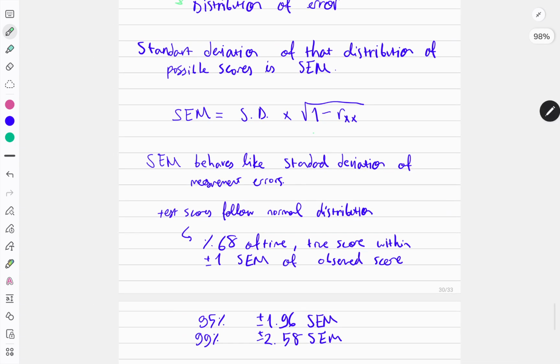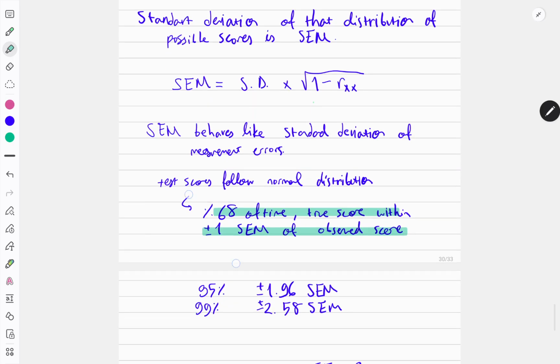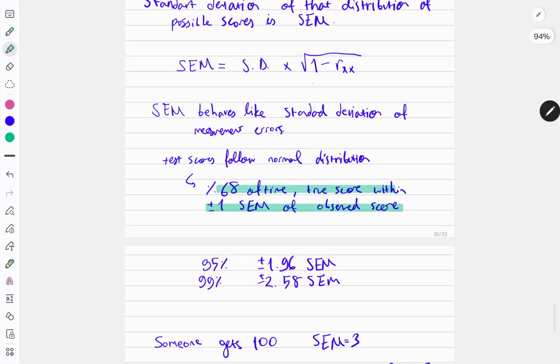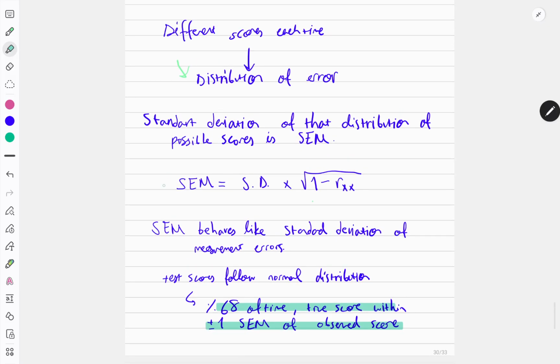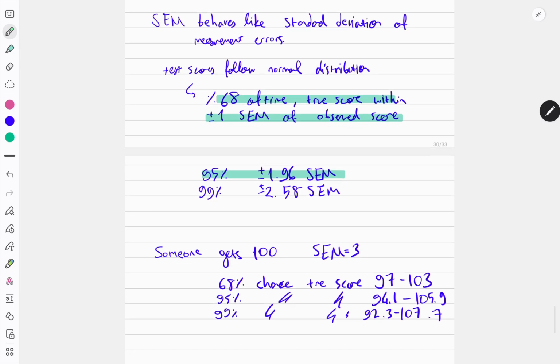For example, for 68% of the time, this is what we need to measure. For 95%, we need to multiply SEM with 1.96, and for 99% of the time we need to multiply SEM with 2.58.